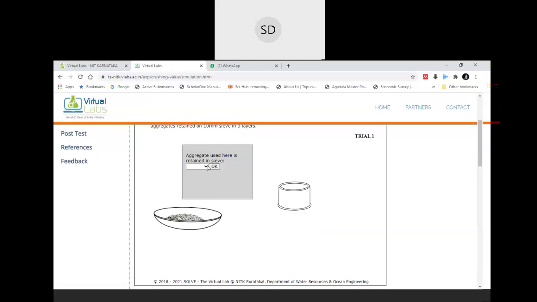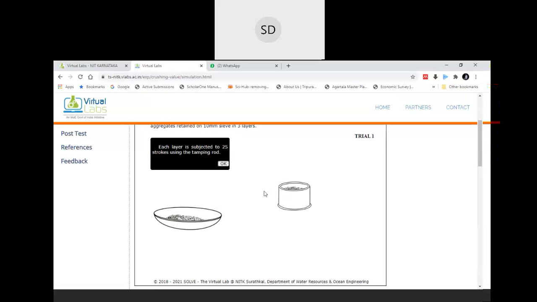So this is the aggregate weight retained on the 10 mm sieve. Then place the aggregate in the mold, and each layer is subjected to 25 strokes for compaction.